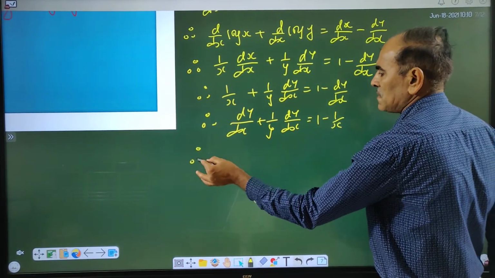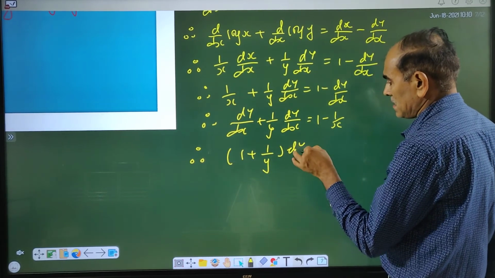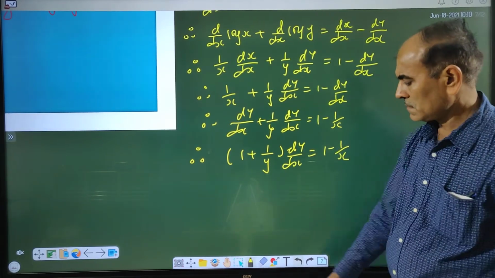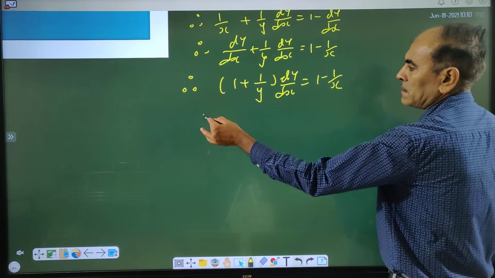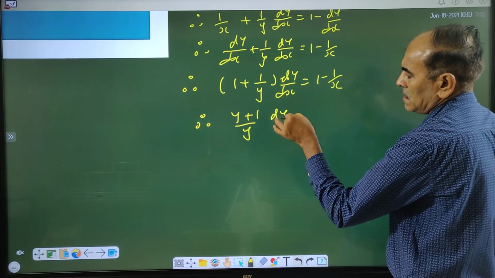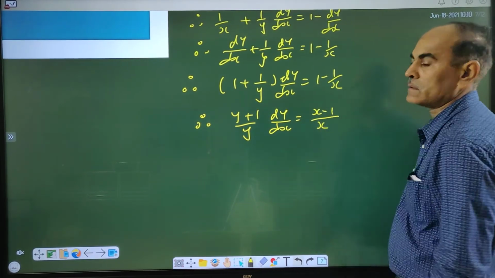So very simple form is that. So take dy by dx common from left hand side. Right hand side as it is. Take LCM. So what we get here? Therefore y plus 1 over y into dy by dx is equal to x minus 1 over x.